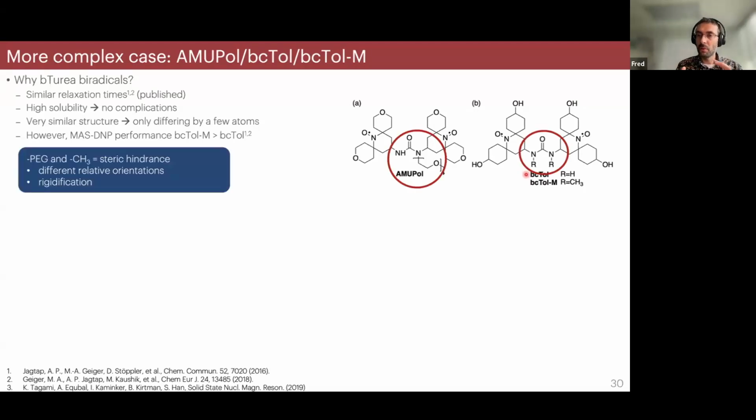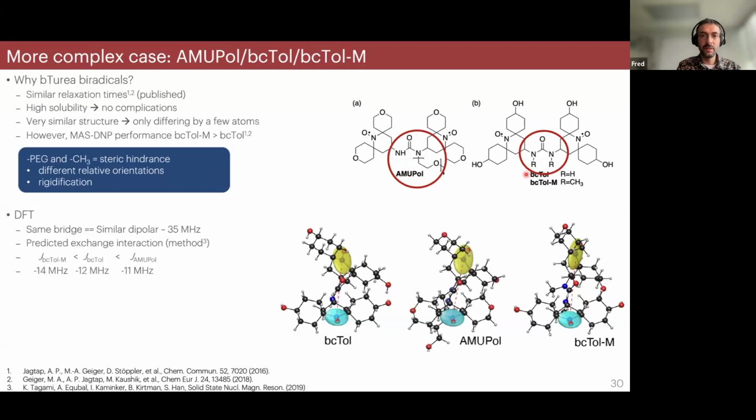And actually, those substitutions create a steric hindrance. And it rigidifies the radical and affects the relative orientations of the two rings. If you do the DFT, you immediately see that the substitution is making the ring tilt. So you can see this one is more tilted than this one.